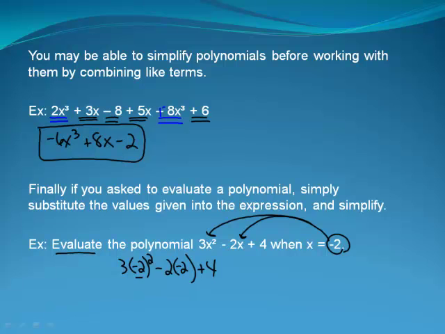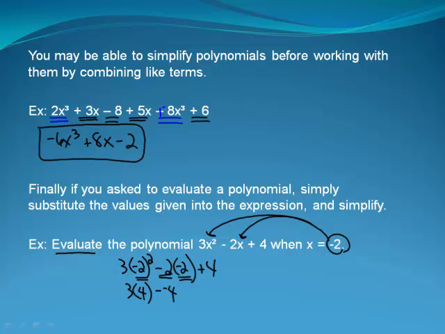Now it's an order of operations problem, so do the exponent first. We've got 3 times negative 2 squared. Negative 2 times negative 2 is a positive 4. Minus 2 times negative 2 is negative 4. Or if you want to, you can think about that as negative 2 times negative 2.